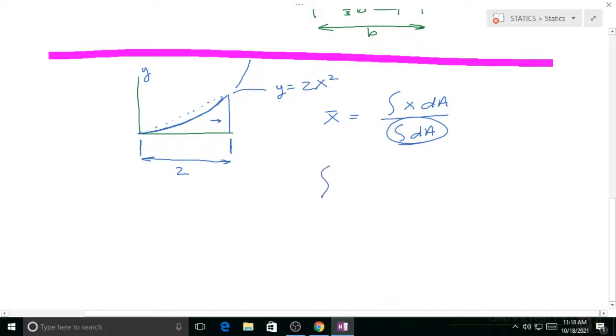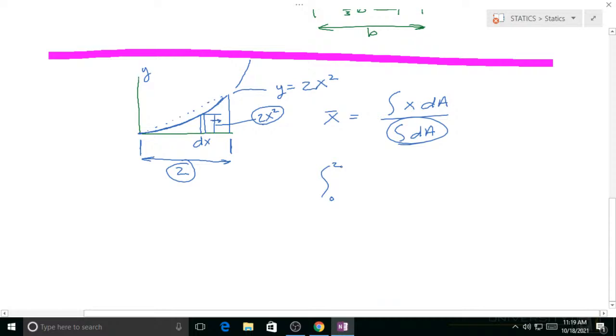So, okay, I can take my strip dx. The height of that strip is going to be 2x squared. And I don't even know why I put the 2 in there times the x squared, except, and I'm wondering if another 2 might mess it up as far as comprehension, but we'll just go with what we got.